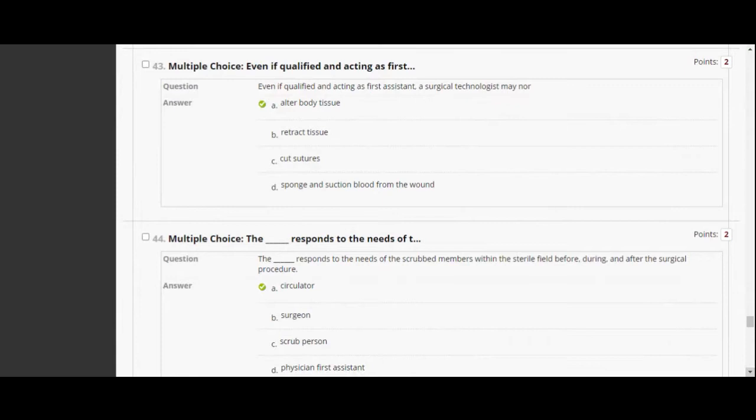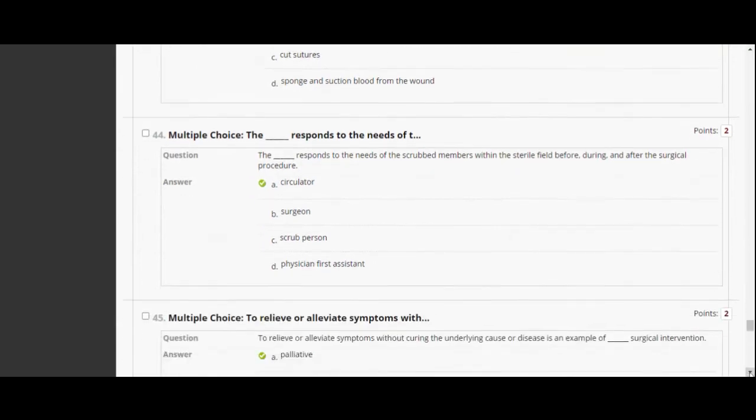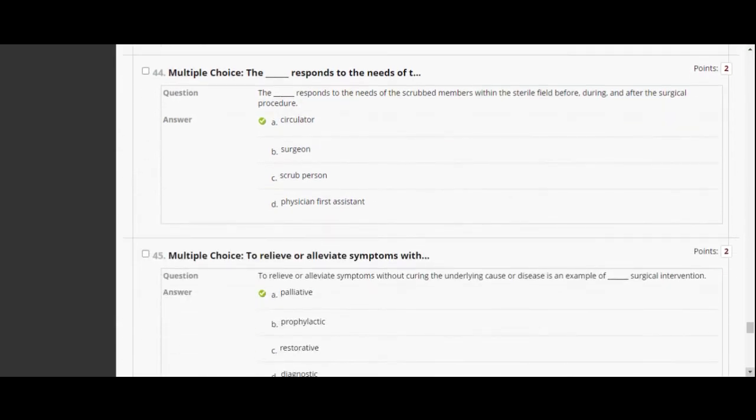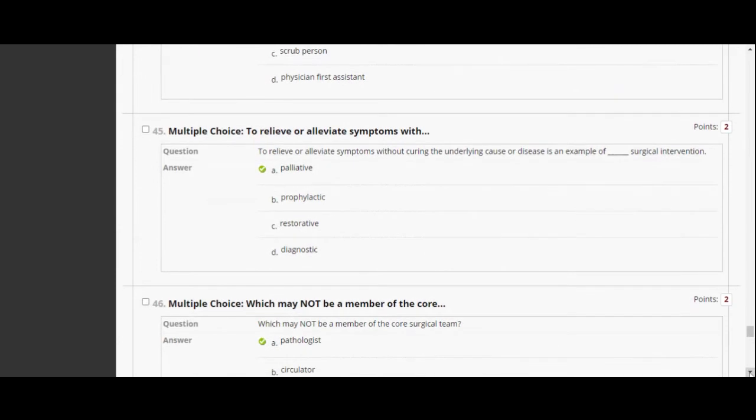Even if qualified and acting as first assistant, a surgical technologist may not alter body tissue. The circulator responds to the needs of the scrubbed members within the sterile field before, during, and after the surgical procedure. To relieve or alleviate symptoms without curing the underlying cause or disease is an example of palliative surgical intervention.